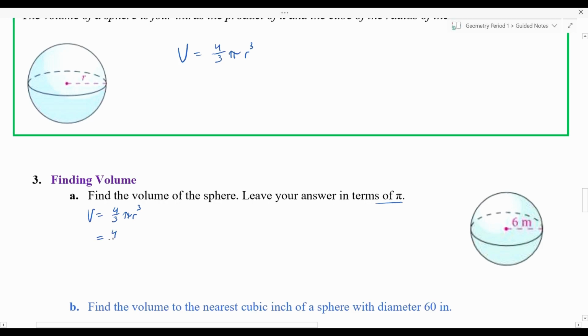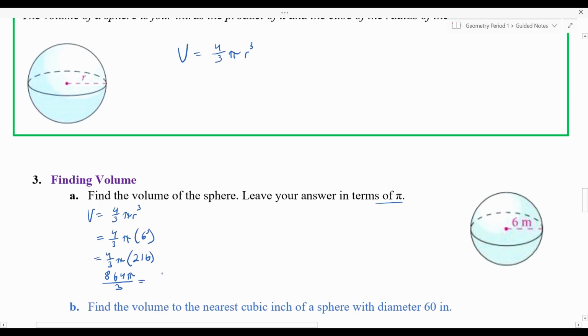So we have 4/3 times pi. And the radius is 6. So it's 6 raised to the third power. And we do this. We have 4/3 pi. 6 to the third is 216. And when we multiply all this together, this comes out to be 864 pi divided by 3.